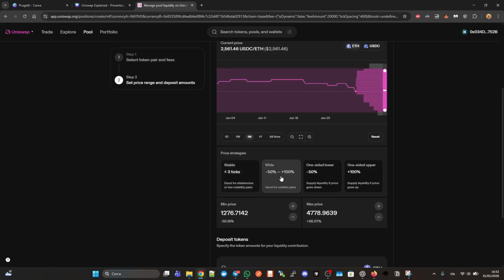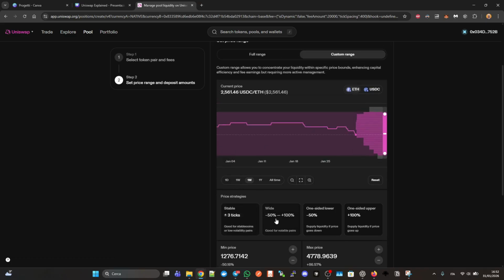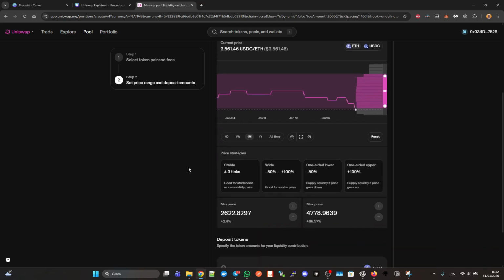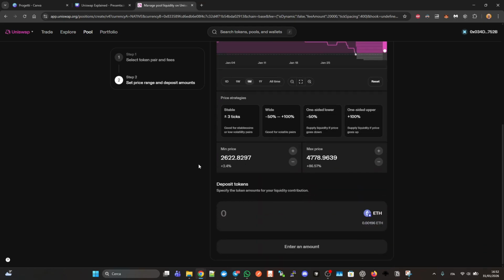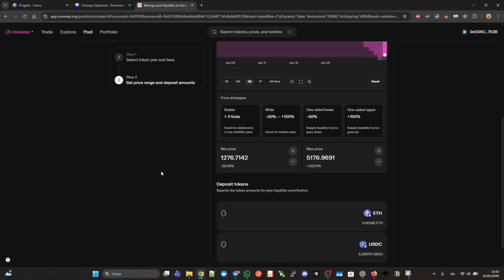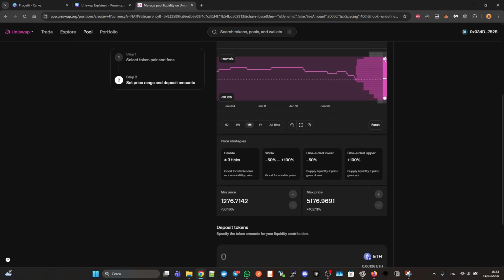There are various strategies. For example, here minus 50% plus 10%, one-sided. So if we expect that the price will go down, or here if we expect that the price goes up. And of course, for example, we can choose this one. Let's say we can also restrict the range.